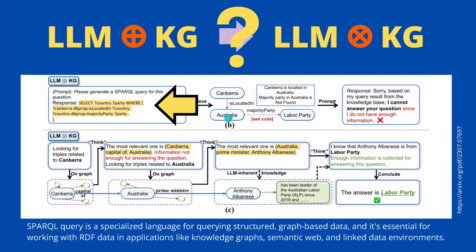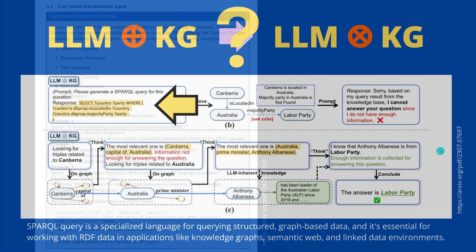And if there is a missing link, you have no way to find an alternative route between those two entities. So how does it do this, so that it would be equivalent to a more interlinked representation of an LLM and a knowledge graph, like in Think on Graph?